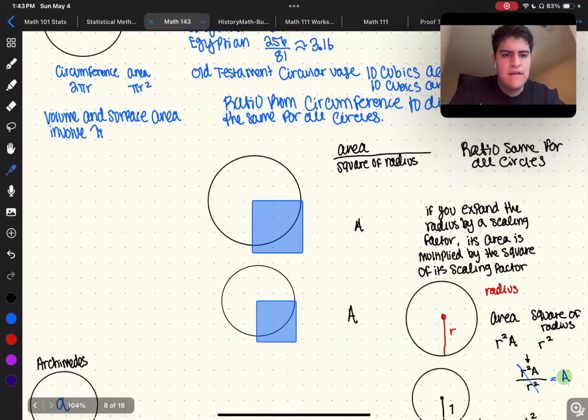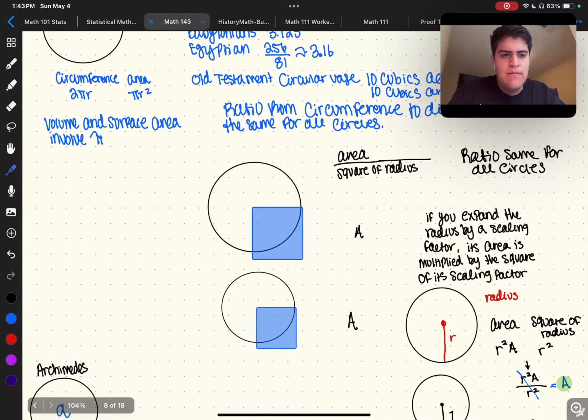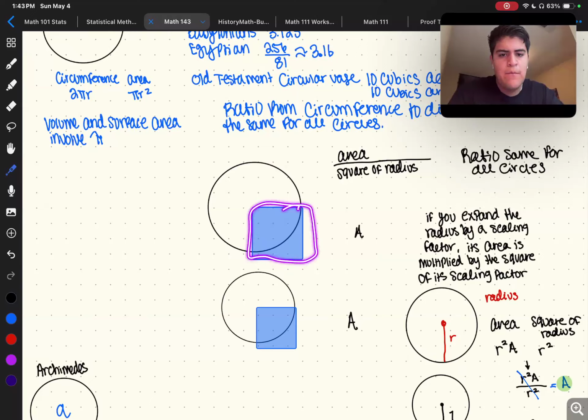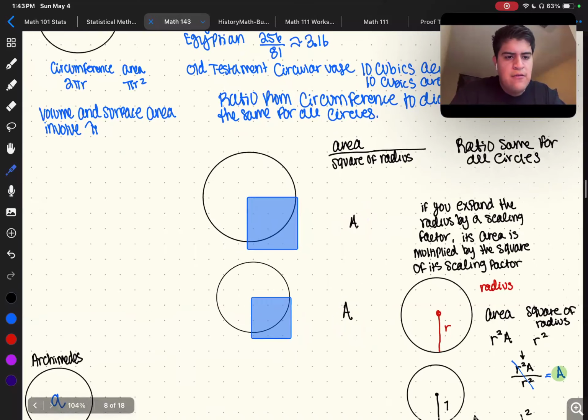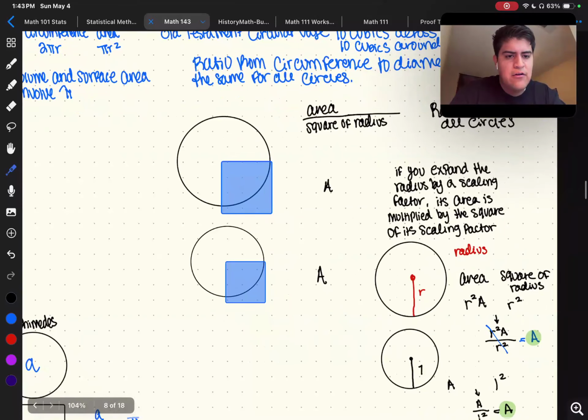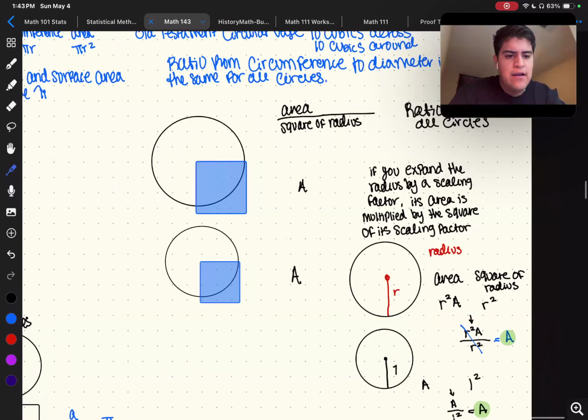Here, as we can see, the ratio that is the same for all circles is the area of the circle divided by the square of the radius. So we label these as A and A. And if you expand the radius by a scaling factor, its area is multiplied by the square of its scaling factor.